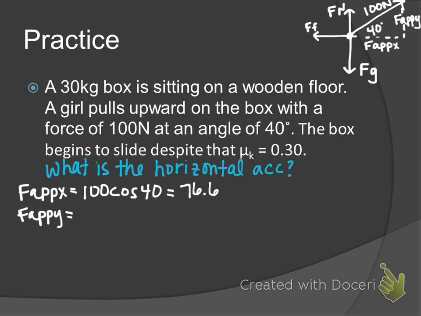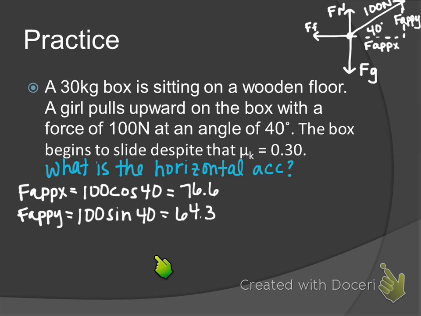For applied y, we're going to take 100 times sine of 40, and get 64.3. Okay, do we have any questions about where these numbers are coming from? Why we're using sine, why we're using cosine for this particular example? So we need to get them out if you have them.